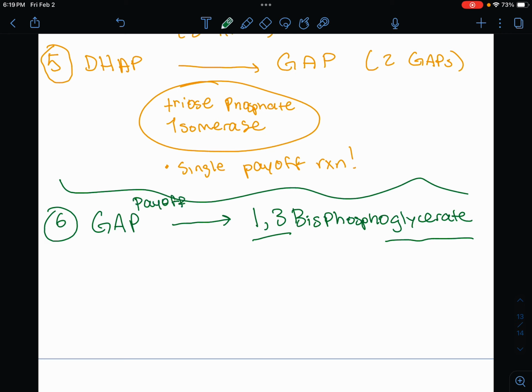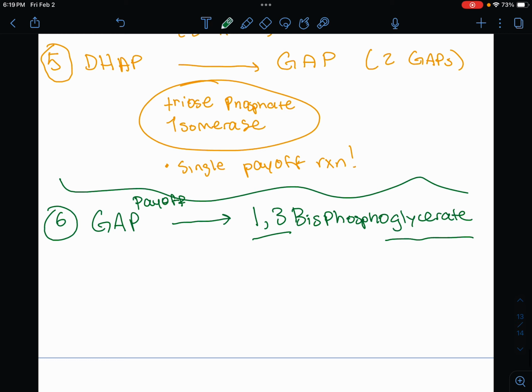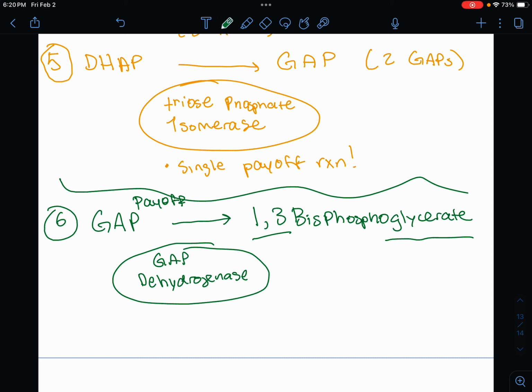All right, the enzyme that we need here is going to be GAP dehydrogenase. GAP dehydrogenase is going to take off, again, an H because dehydrogenase. So we're going to dehydrogenate, basically, this GAP.